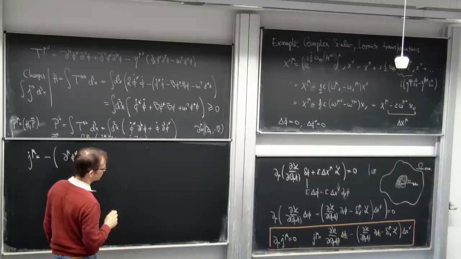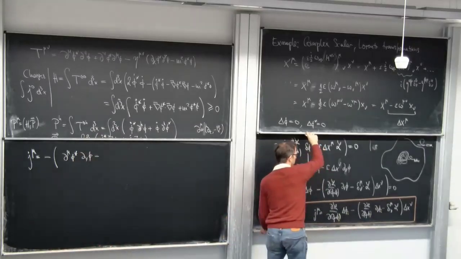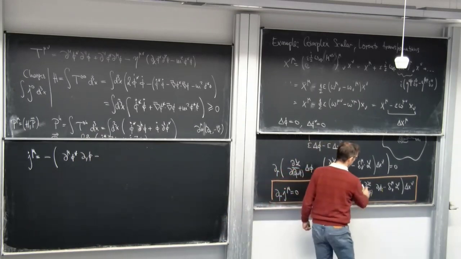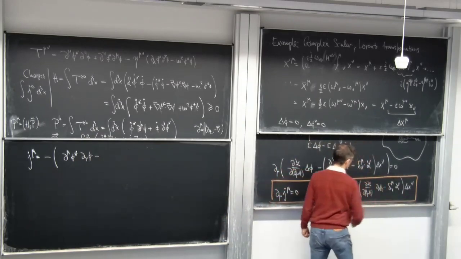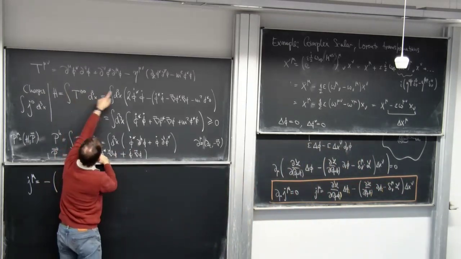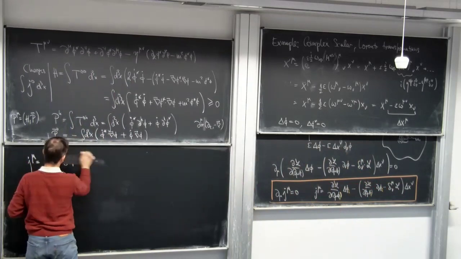It really is the same. So let's not work too hard. I guess all of this is what was the energy momentum tensor, right? It's what we have right there.